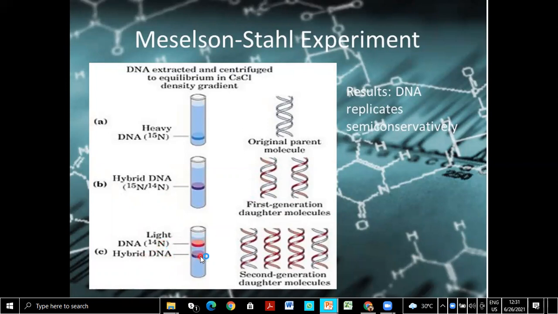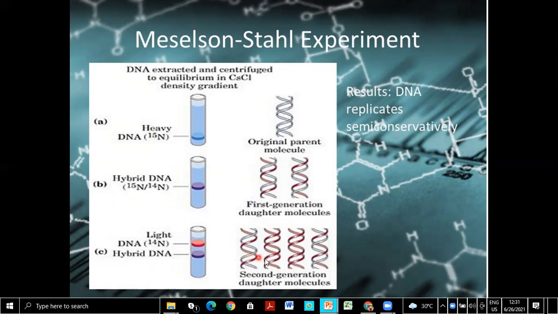See, hybrid DNA. So when the centrifugation is done, the hybrid DNA separates. This one has no N15, because in the medium there are only N14 nucleotides. So the hybrid DNA N14 and N15 is here, and N14 is lighter, so it settles at the top.